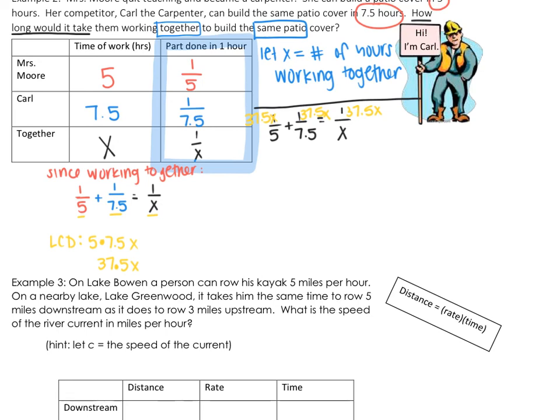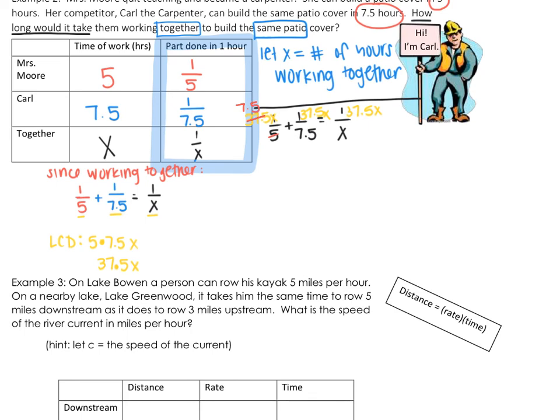Now, if we did the right LCD, my denominator should cancel. So 37.5x divided by 5 gives me 7.5, and I'll still have that x in that one.